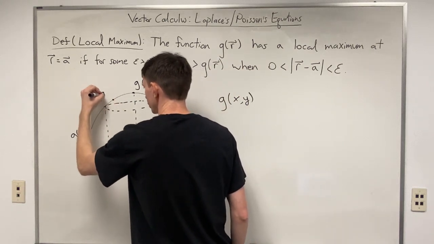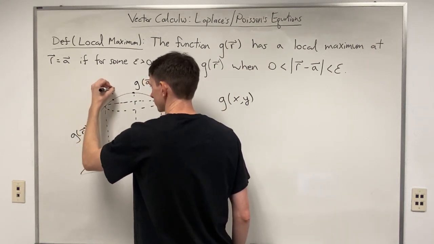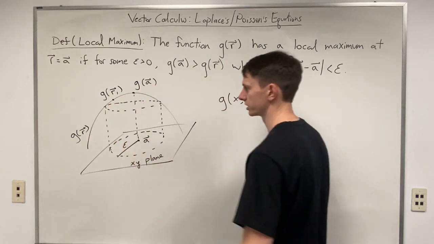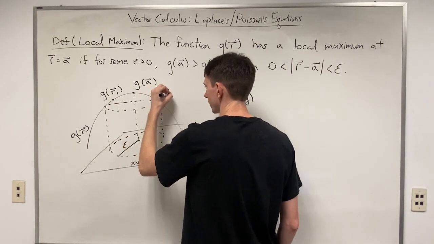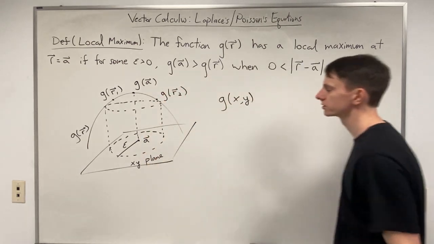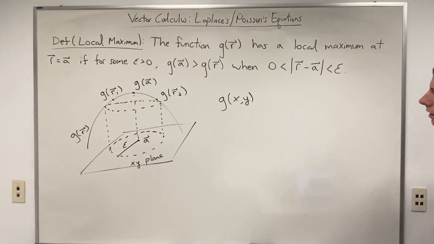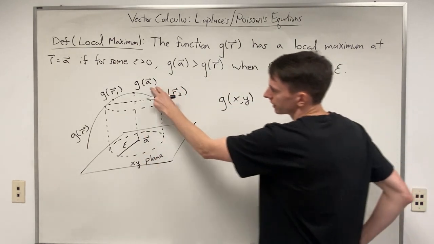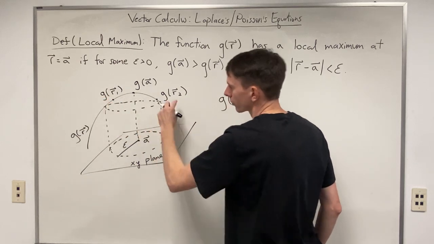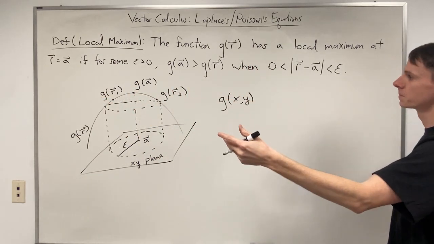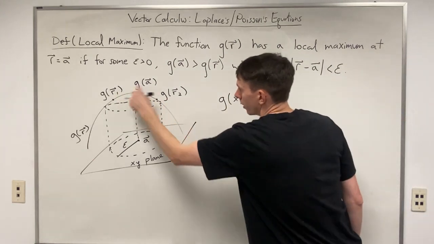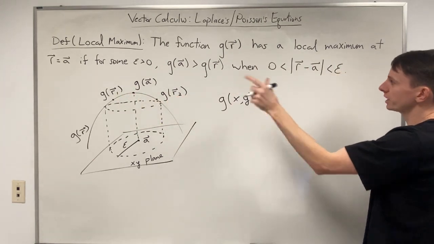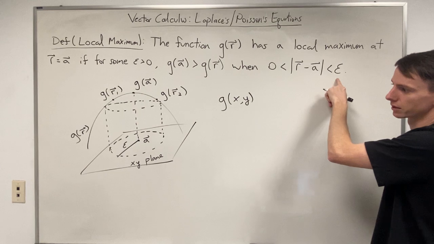Maybe we'll call this g of r1, for example. Maybe we'll call this point g of r2, like this. And what they're saying is that g of a is going to be greater than g of r1 or r2, or g of r anything, as long as the distance between r1 or r2 and a is less than epsilon.